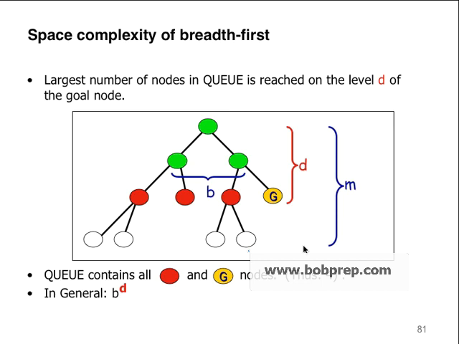It makes it not so optimal if you know it's going to be further down. If you know you're not going to find it easily and you have a large search space, it's not such a good idea. It's going to totally block up your memory. The largest number of nodes in the queue is reached by level D of the goal node. So the queue here contains all the way up to the red, and then we have the G nodes, thus 4 levels. 1, 2, 3, 4 levels.